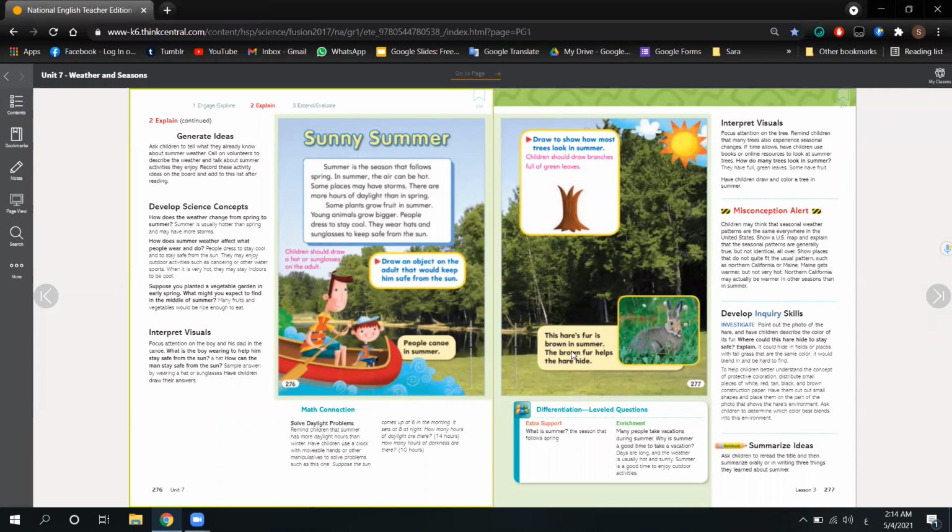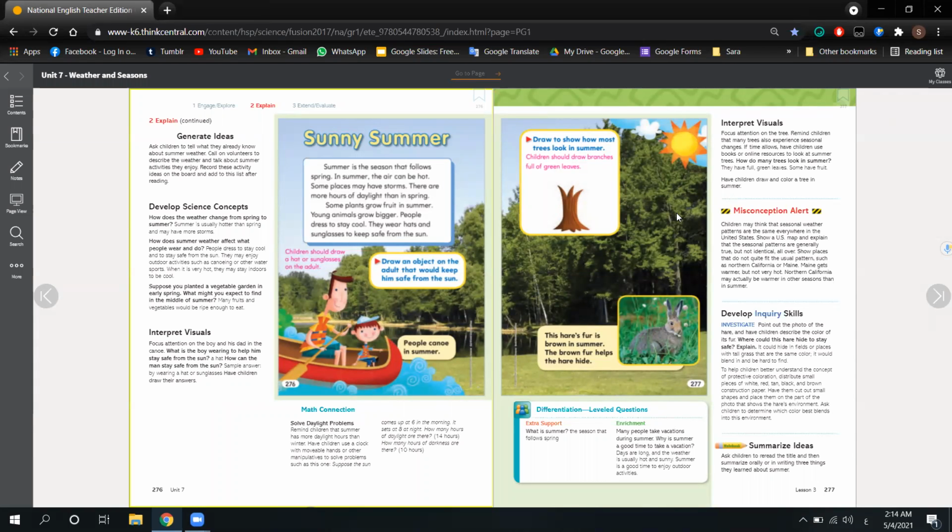Here we have an animal. Some animals change the color of their skin in order to adapt during seasons. So some things change in them as the seasons change.